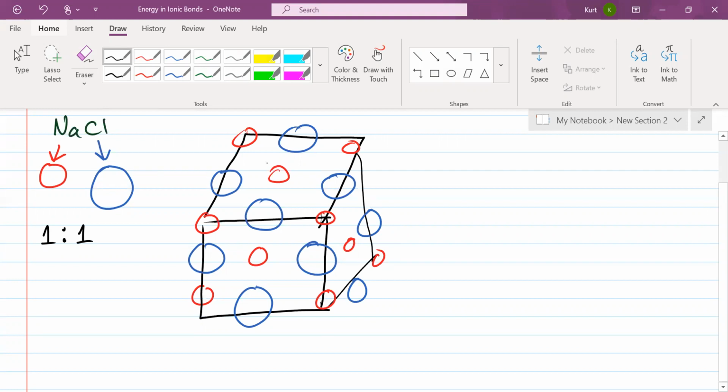And it's going to be alternating patterns of sodium chloride, sodium chloride, sodium chloride. This is called a lattice. It's a geometric shape, and that's what a lot of ionic compounds look like. This is found in all ionic compounds.